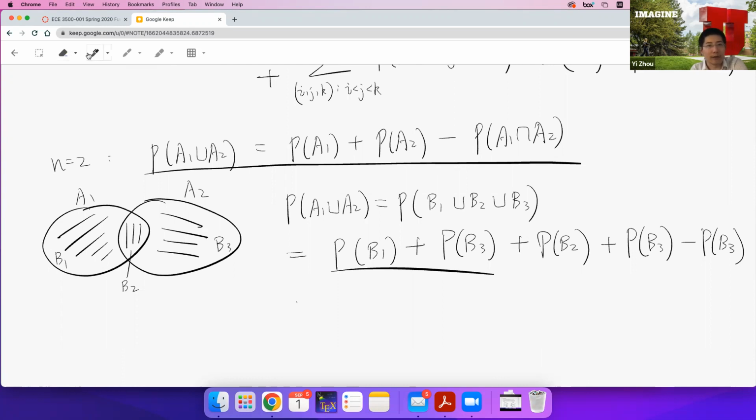Okay, I think I made a mistake here. It's B1, B2, B3, right? And then add B2 minus B2. So it's exactly the same.